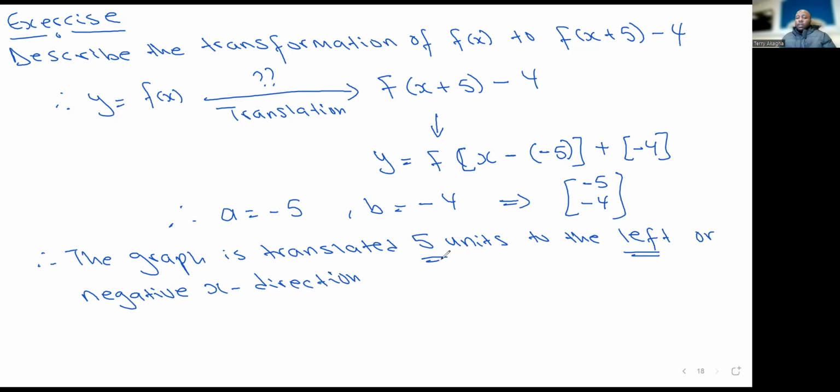Okay? And 4 units downwards. So because we're having -4, it means it's going downwards. Okay, so it's 4 units downwards, or you can say negative y direction.